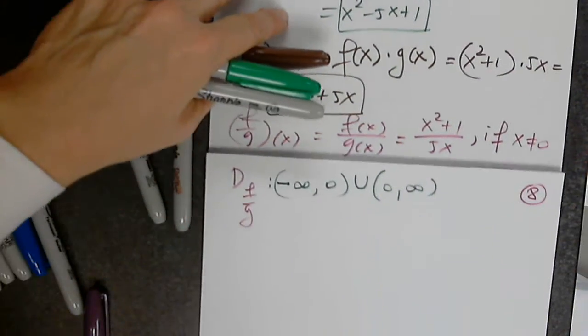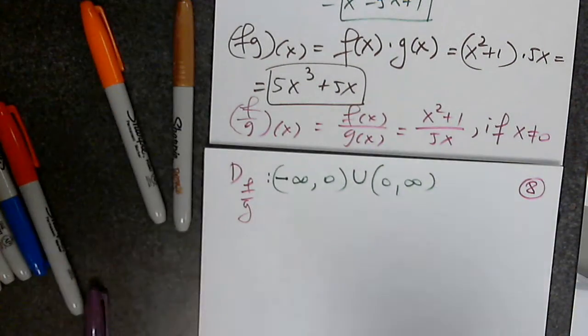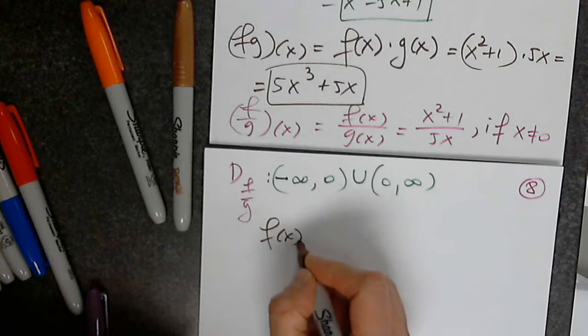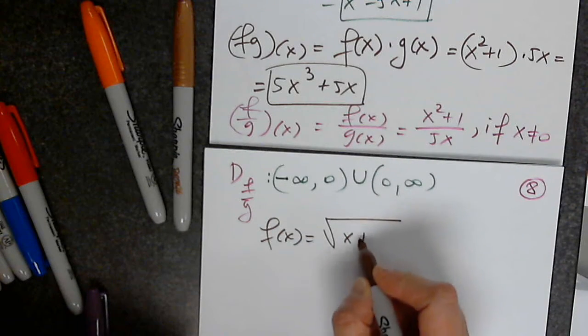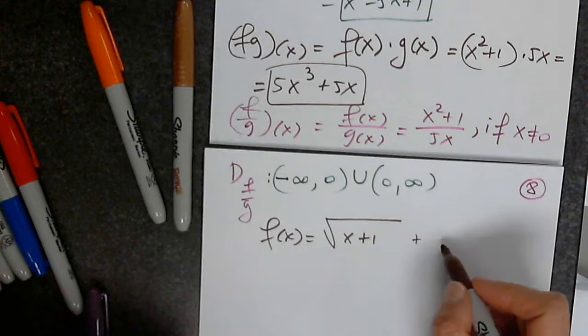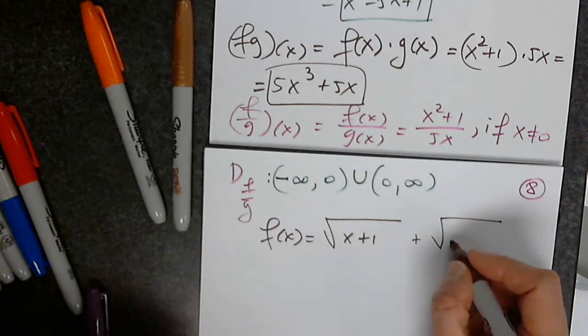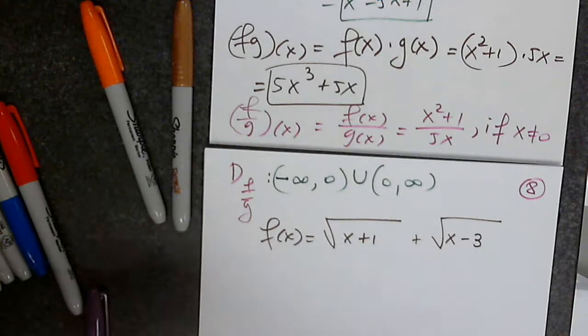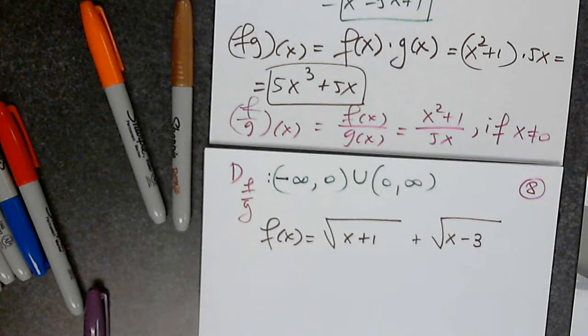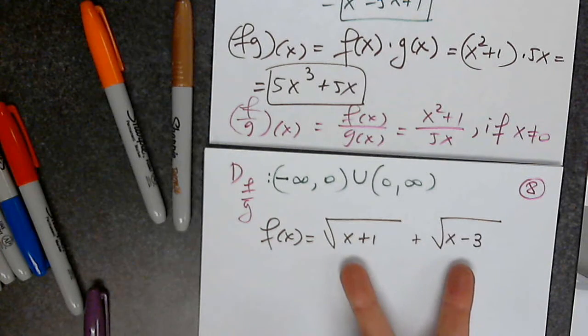So let me give you just a quick example. Let's suppose I have this function, the square root of x plus 1 plus the square root of x minus 3. Does this resemble anything? Yeah, it's a sum of two functions.